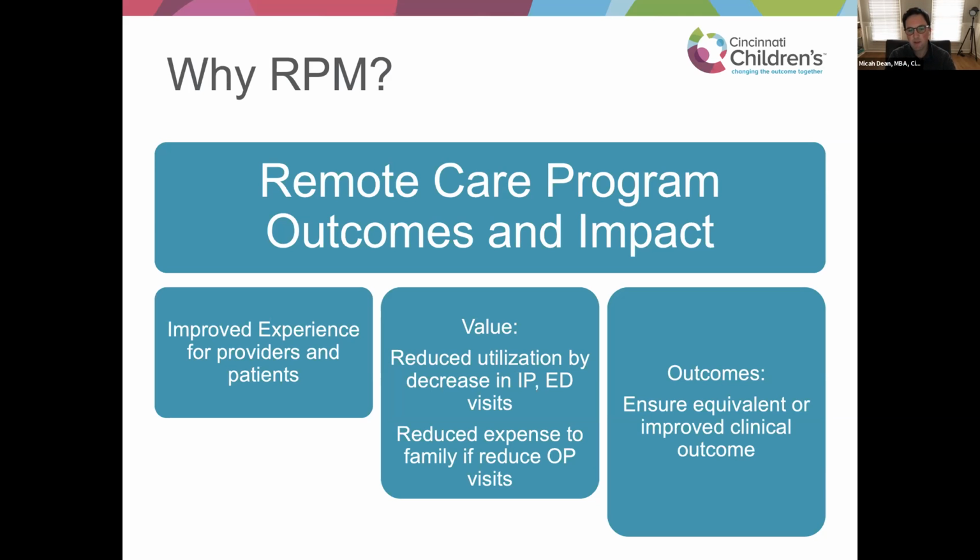The second bucket we look at is value, which we measure by reductions in utilization in its various forms. So inpatient visits, outpatient clinic visits, ED, urgent care, all those different areas. And we pull baseline data for each of the patient conditions for usually 24 months prior to implementing an RPM program.